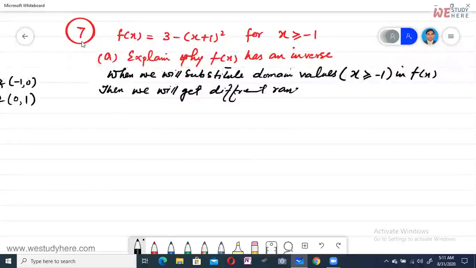That means no range value will repeat itself.